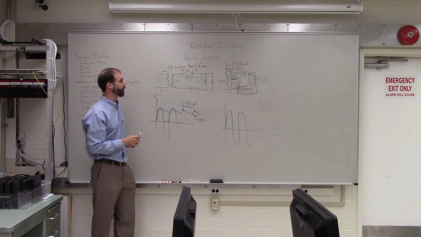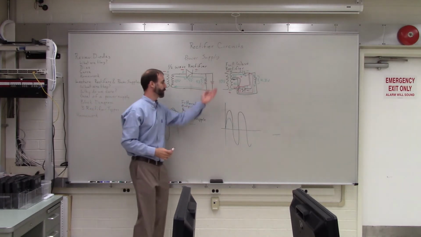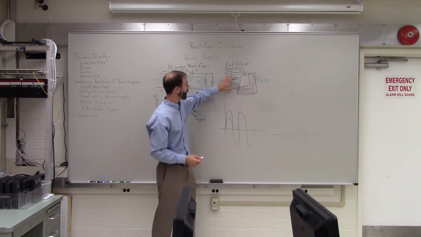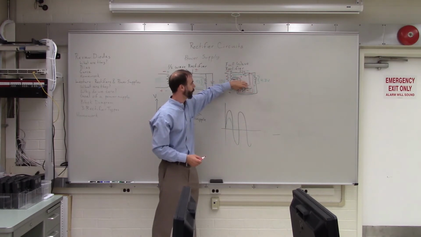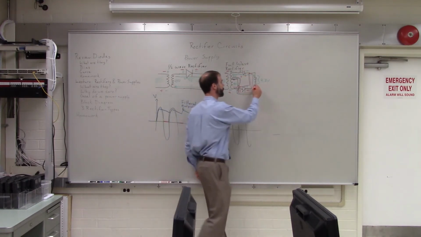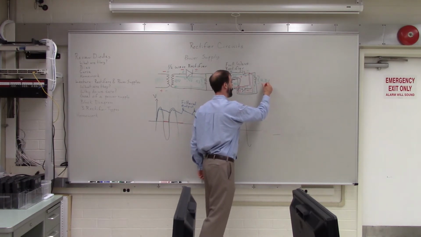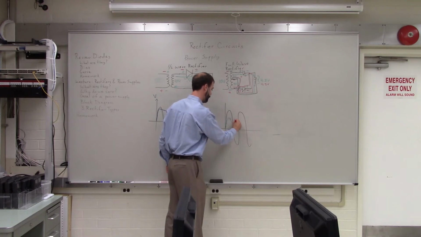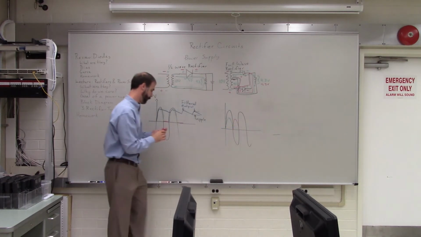Okay? So again, we have pretty much the same situation. We're starting with 5 volts, we lose 1 diode worth, so we're left with 4.3 volts on our load again. So now we get an output that looks like that.